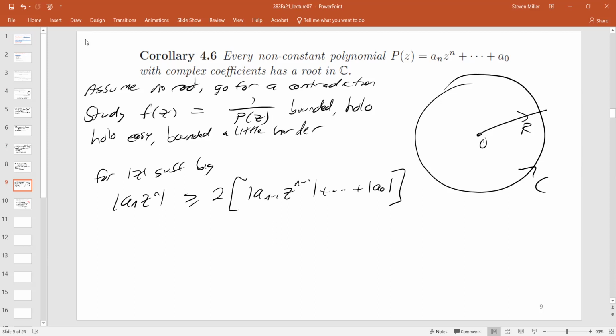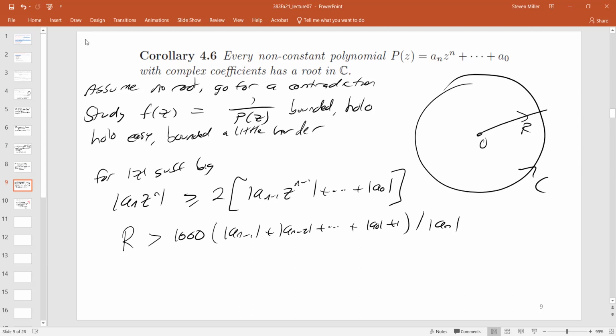So if you just look at how much everything could be, the best case is if you have complete alignment. And I have a_{n-1} and a_{n-2} and all the way down to a_0, they all have the same sign, they're all real numbers, and I just add them together. So if you take, I think r is greater than maybe 1,000 to be safe, the absolute value of a_{n-1} plus a_{n-2} plus a_0 plus 1 divided by maybe the absolute value of a_n.